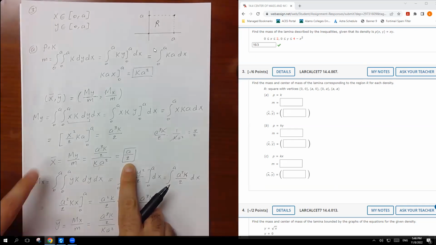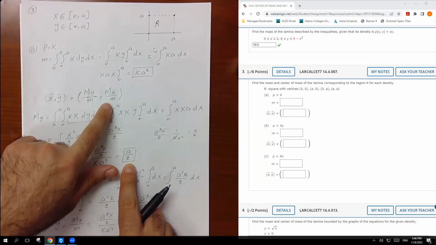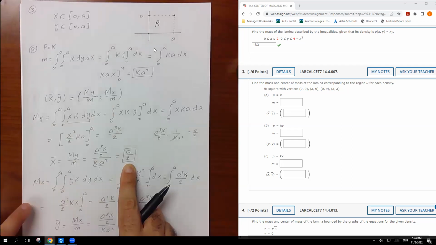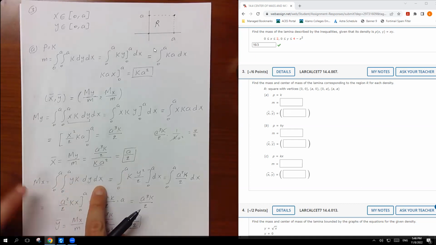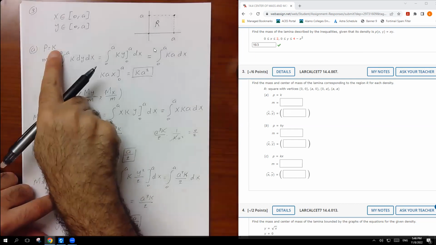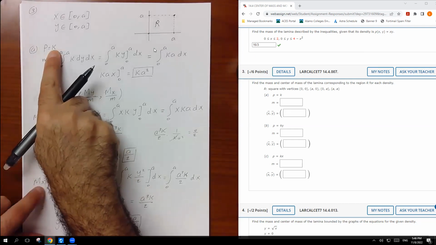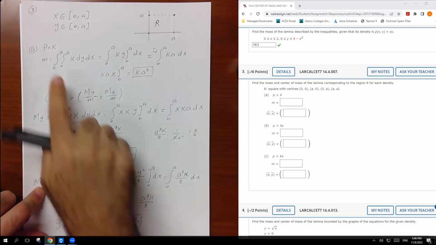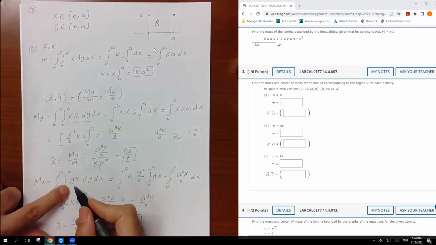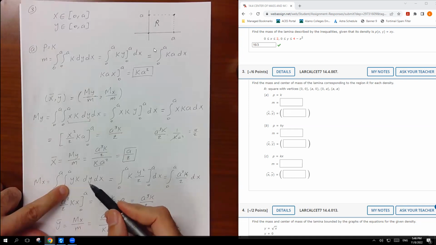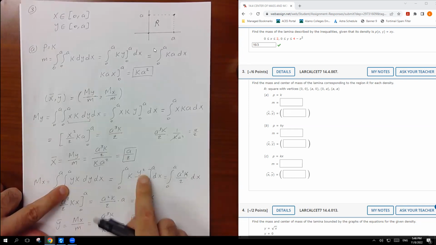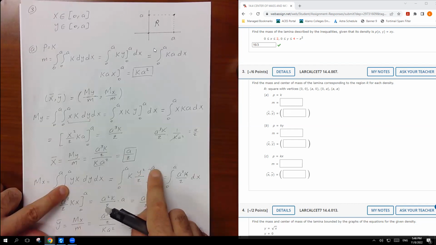Now we're going to find the y-bar, which is M sub x divided by M. So from 0 to a, now yk dy dx. We're going to add to our density function y, because we need to find M sub x, so we're going to add y here. So yk dy dx. Now we find the integral with respect to y, so it's going to be y squared over 2 from 0 to a.